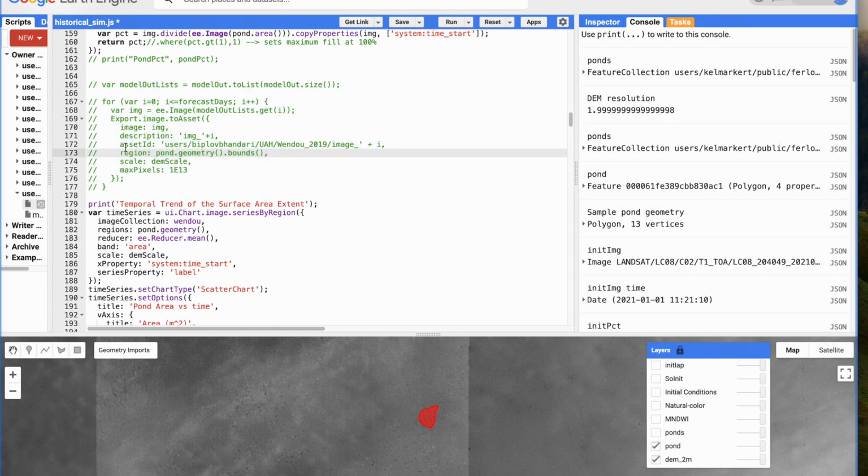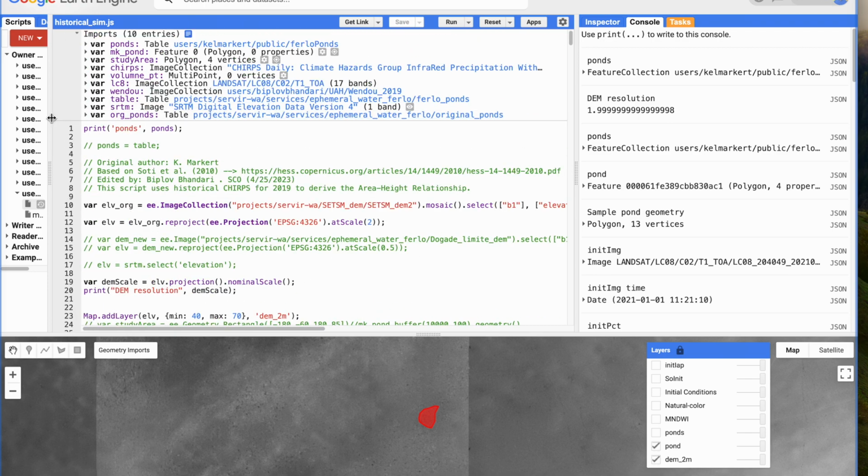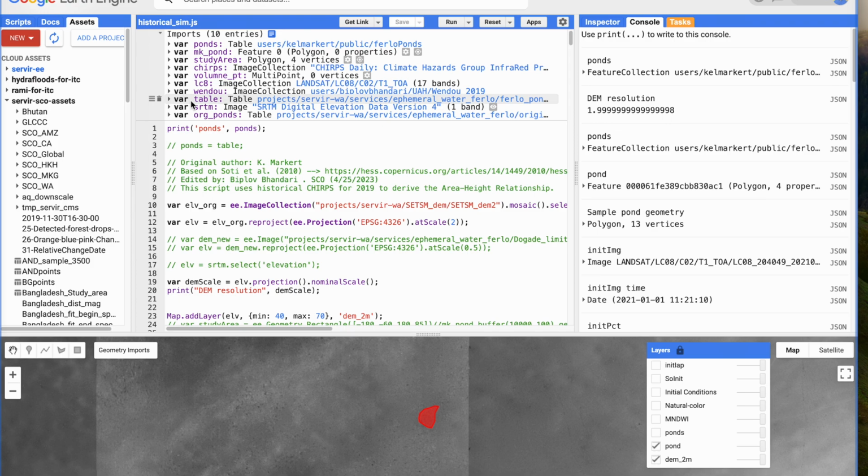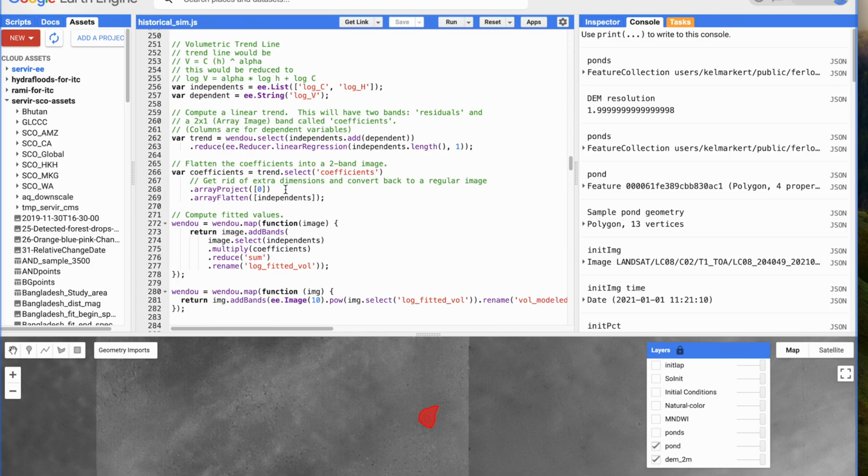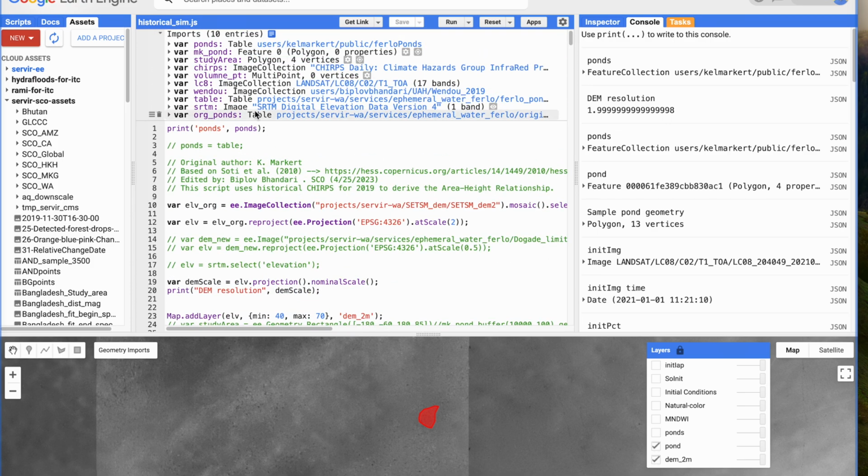When you run these tasks, there's this asset ID that you'll have to change. In this particular instance, I have already run all that 365 days forecast, so if you run this script, it should run as it is.